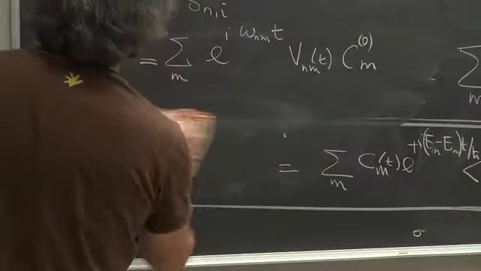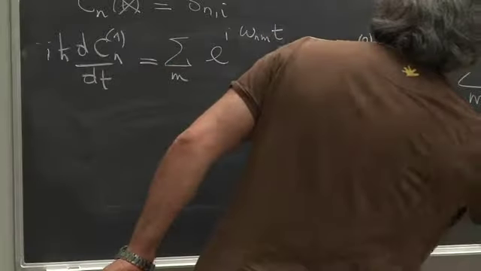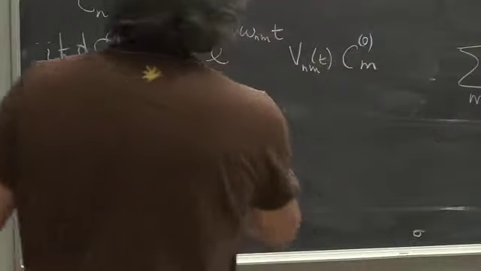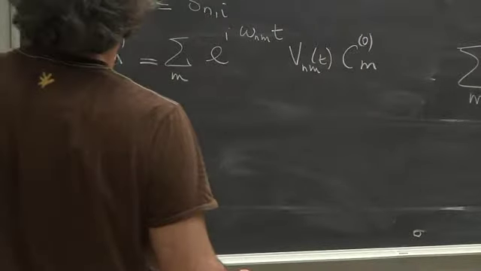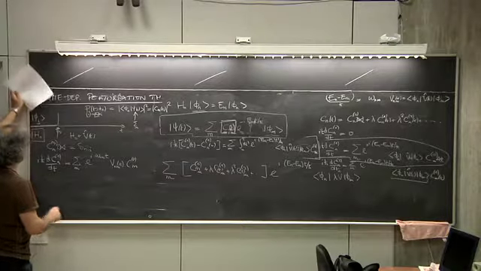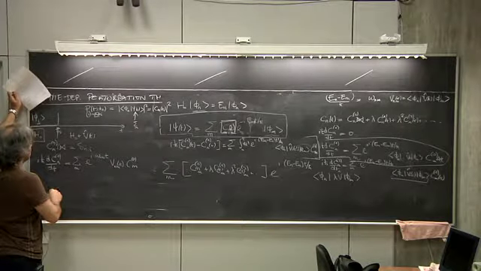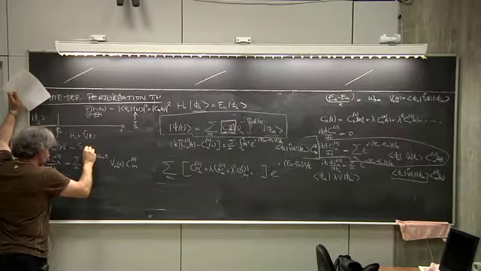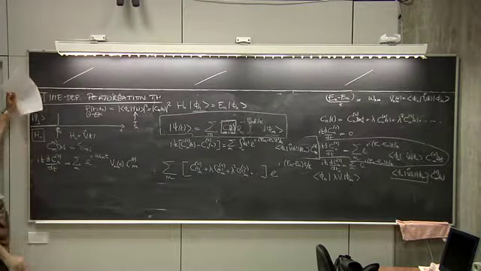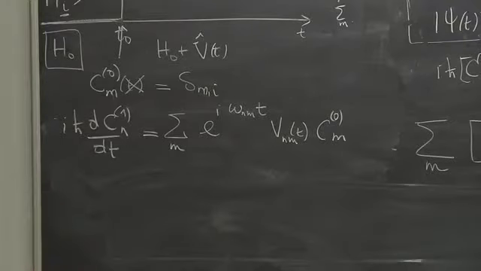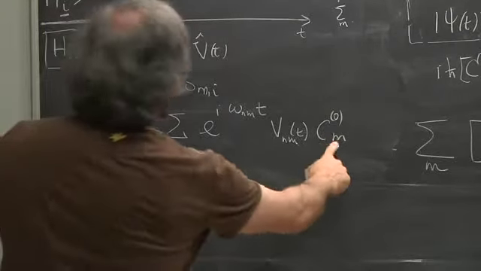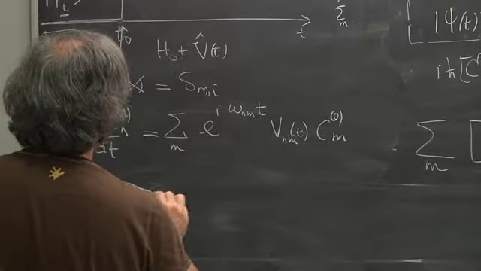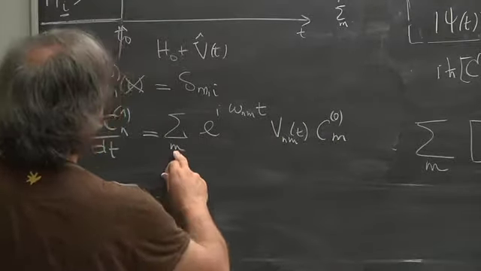And since I know that C0 of m is equal to delta of m I, where I stands for the initial state, I substitute this delta here, and what I get is that this is equal to the sum, and the sum really disappears.